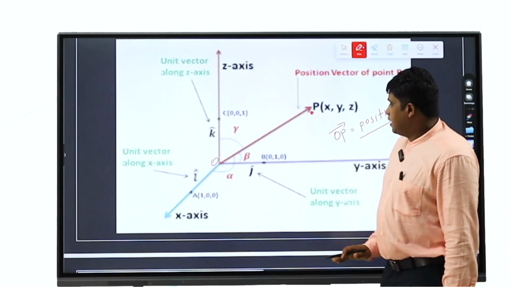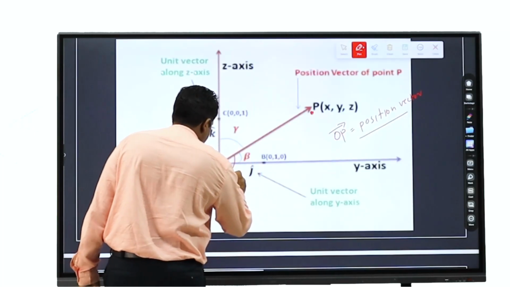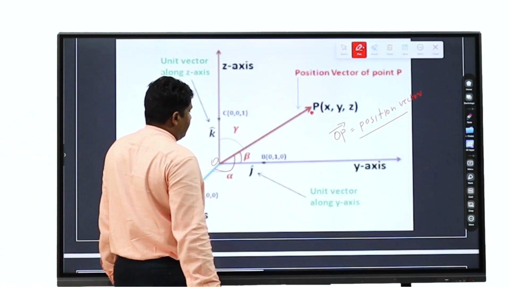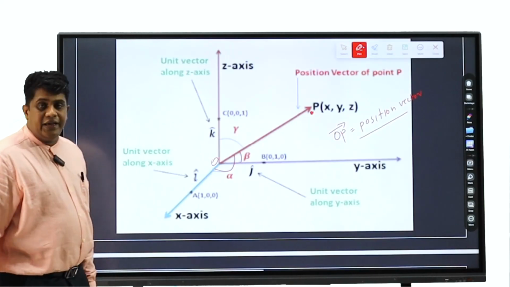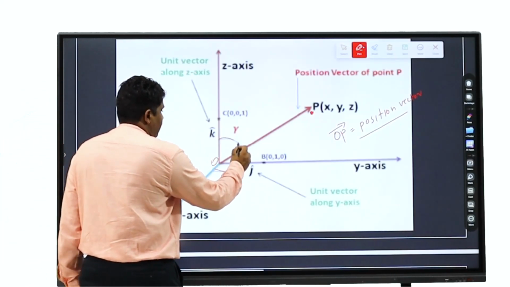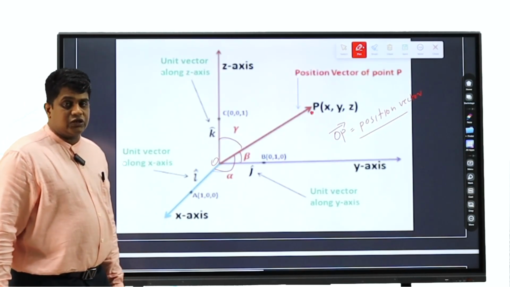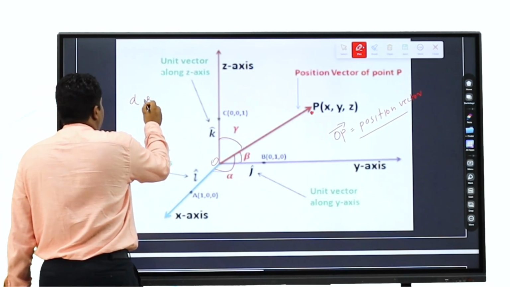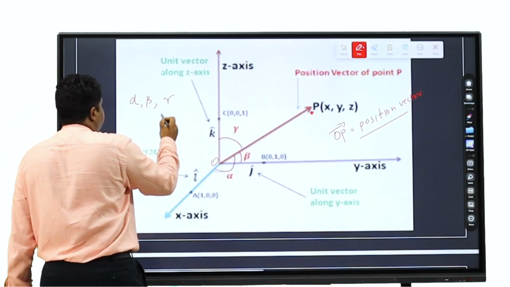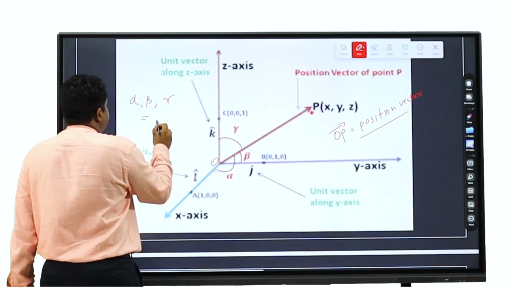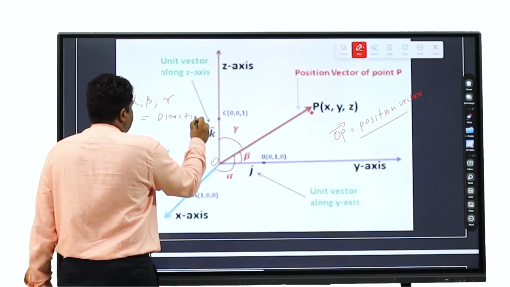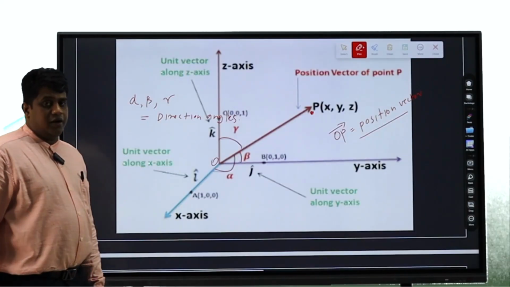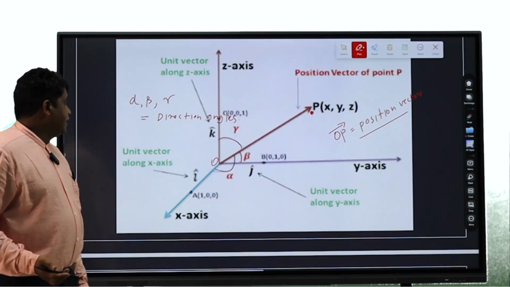Let OP make an angle alpha with the positive direction of the x-axis. Let beta be the angle made by OP with the positive direction of the y-axis, and gamma the angle made by OP with the positive direction of the z-axis. Then these angles alpha, beta, gamma are said to be direction angles. We will study them in 3D in detail.